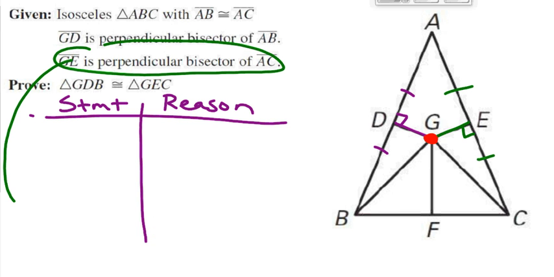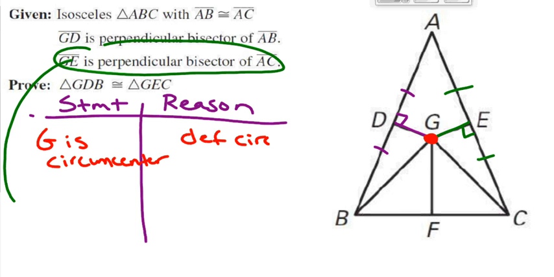So point G is the circumcenter. Okay, and that's the definition of circumcenter, where the perpendicular bisectors meet. Okay, since G is the circumcenter, GB and GC are congruent.